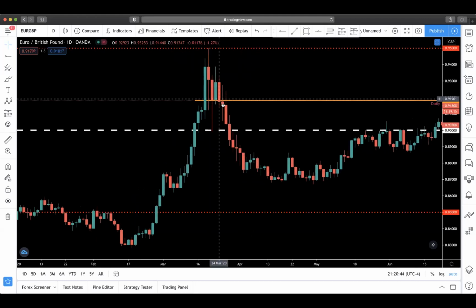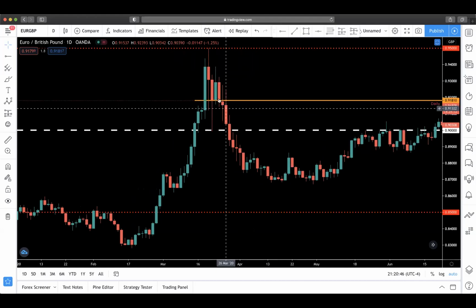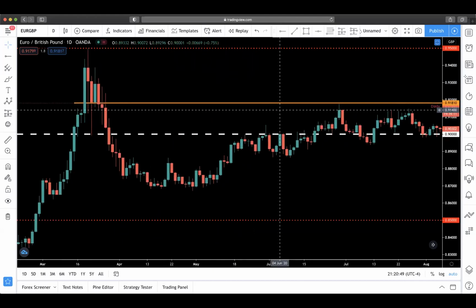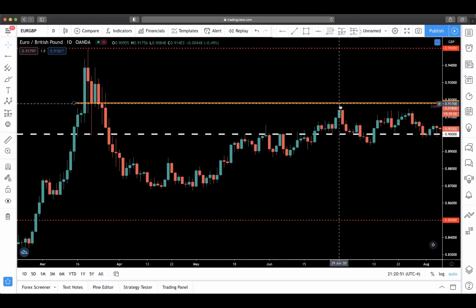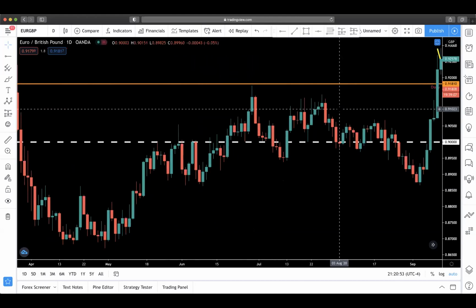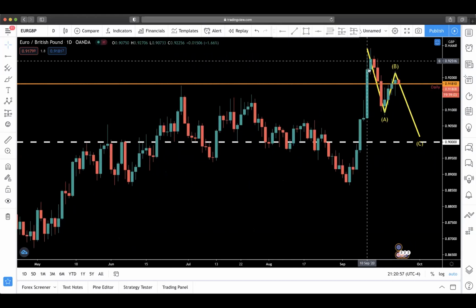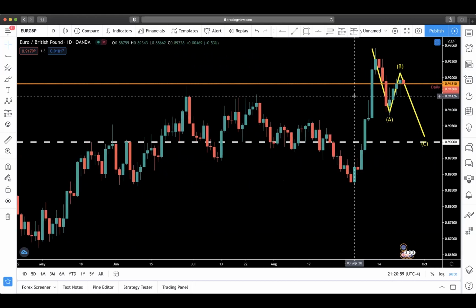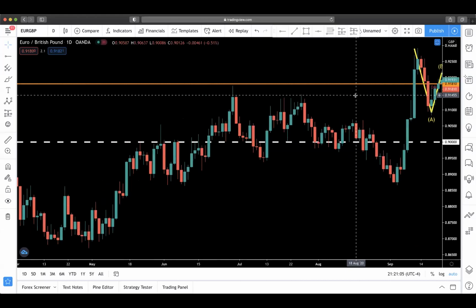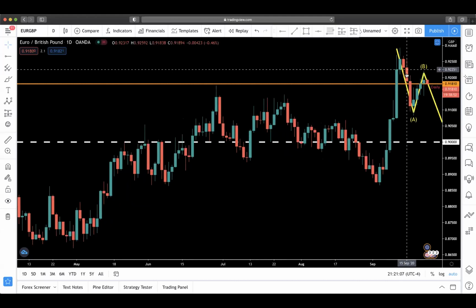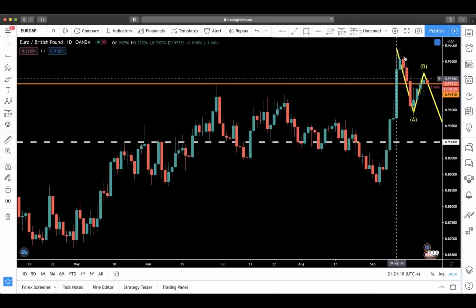So this three candle break of structure is what I've seen. If we look to the right, here's a test. Here's a break through it, but it's not a complete break of structure.